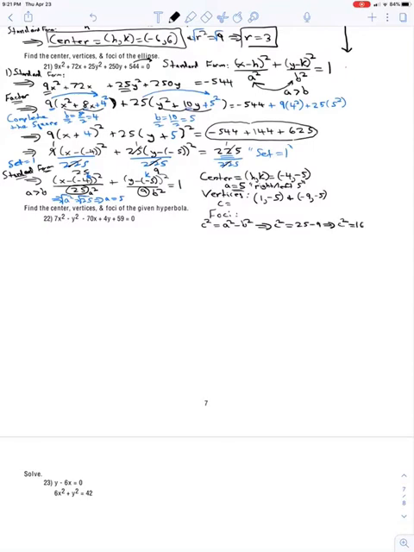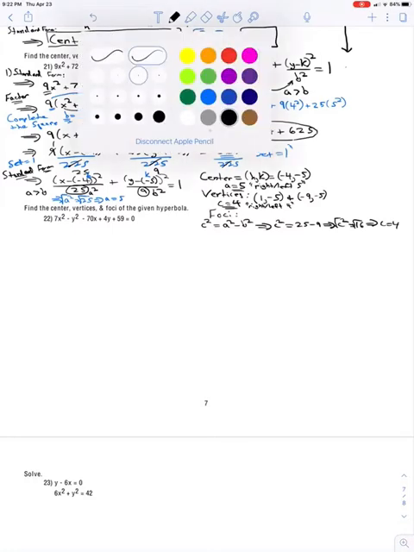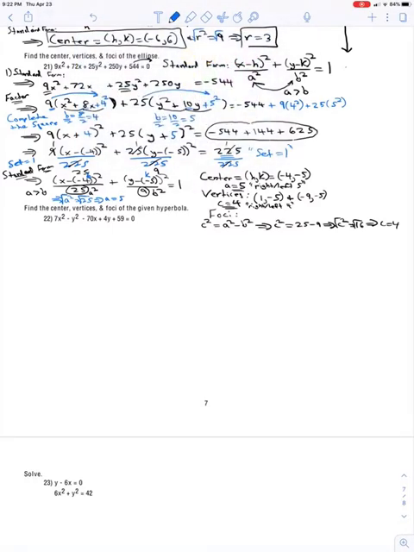So c squared is equal to 16, which means c equals 4. So c is 4 units. So we're going to move right and left 4 units.